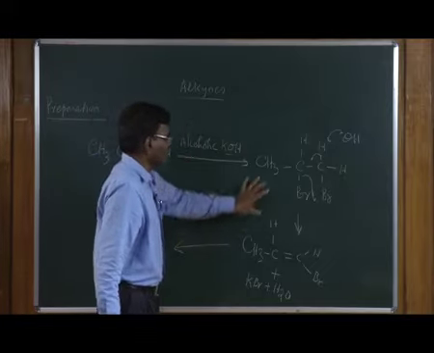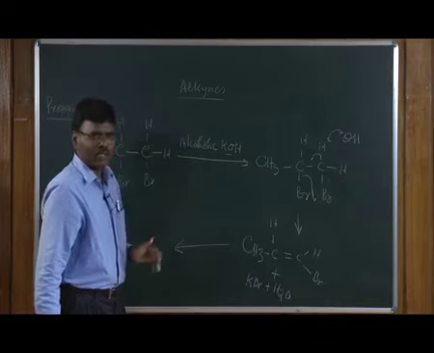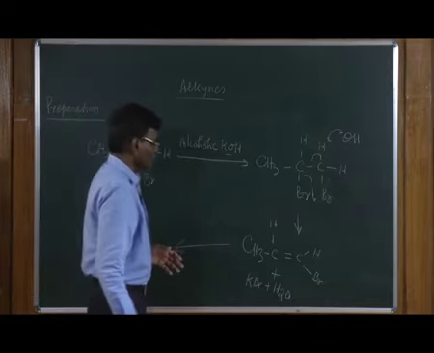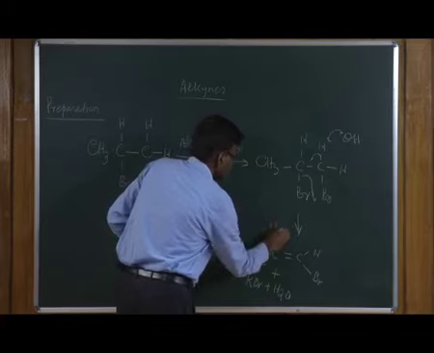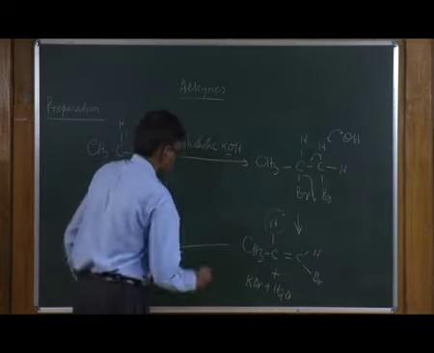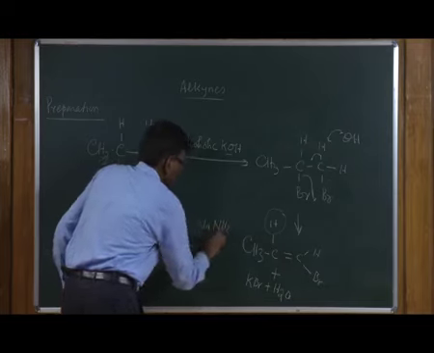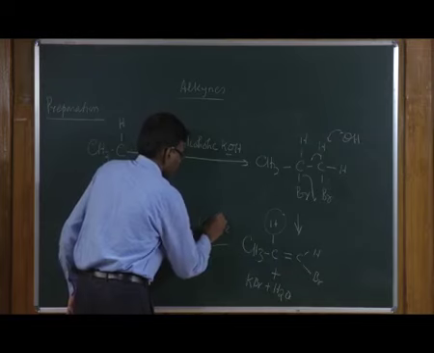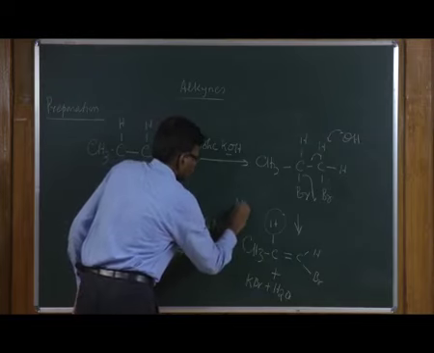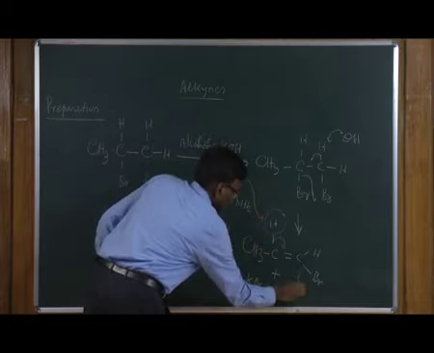Once you form this, the alcoholic KOH is not strong enough to remove this proton. Right now you have to remove this proton, so you have to use a strong base like sodamide, NH2-. This is the base that can remove the proton.